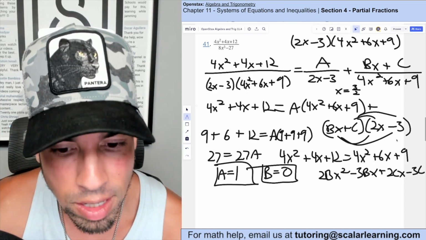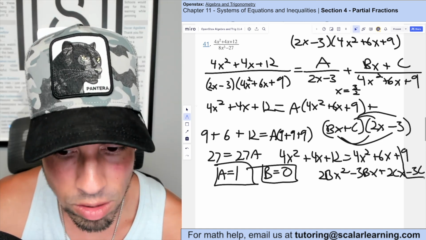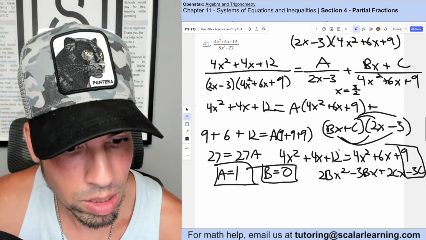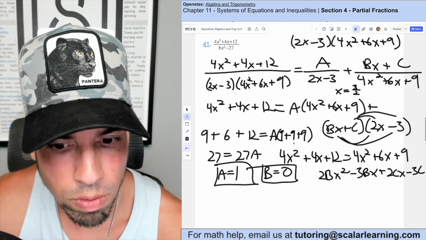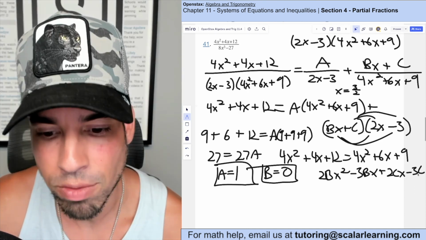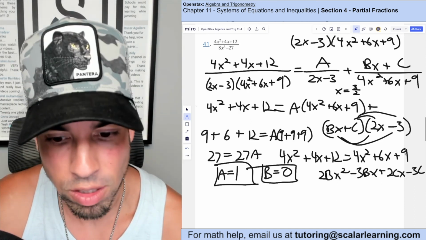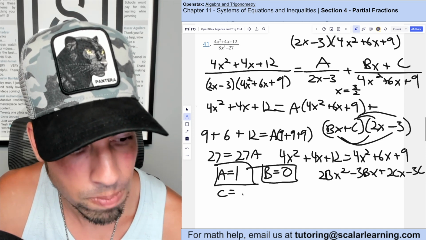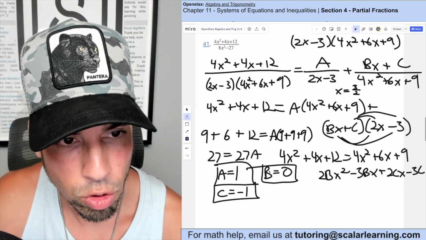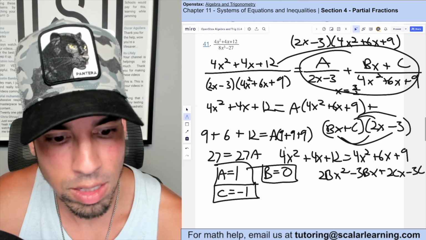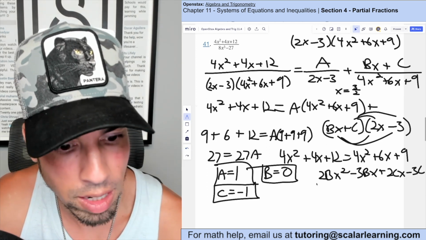And then for c, we can just use these nice constants, right? 9 minus 3c is equal to this constant, which is 12. Well, if c is -1, -3 times -1 is 3, plus 9 is 12. That means c is -1. So those are my values. Now let's go back to this and plug and chug. So we know a is 1.